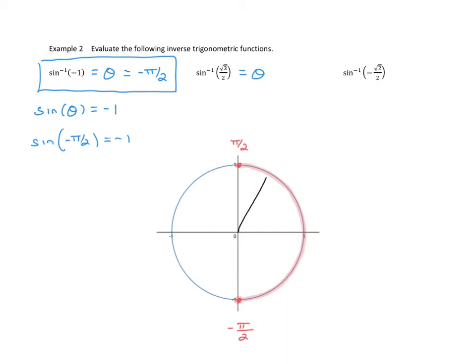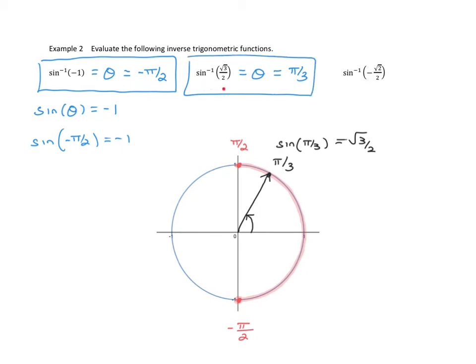Here's approximately a 60-degree angle, and that is pi over 3, this angle here. And I know that sine of this angle is equal to root 3 over 2. That means the answer to this part is also pi over 3.